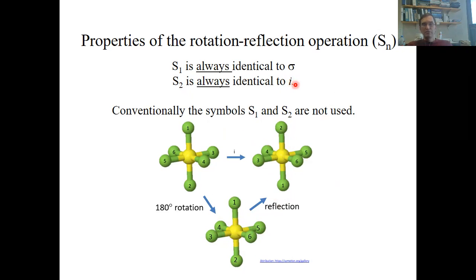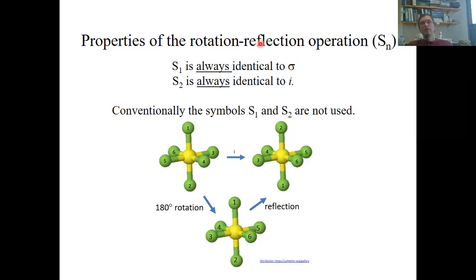So that means that actually we would not need the inversion, and we would not need the regular reflection as symmetry elements and symmetry operations. We could express everything by a rotation reflection operation.